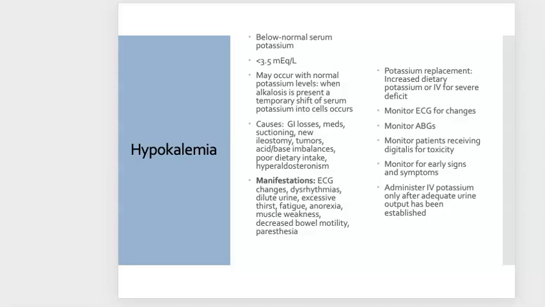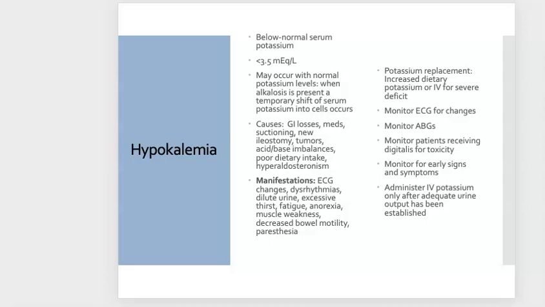It could be a patient that is alkalotic, like a DKA patient. Could be GI losses, nasogastric suctioning, acid-base imbalances, hyperaldosteronism. What we might see are EKG changes, dysrhythmias, dilute urine, excessive thirst, fatigue, anorexia, decreased bowel motility, and paresthesias.